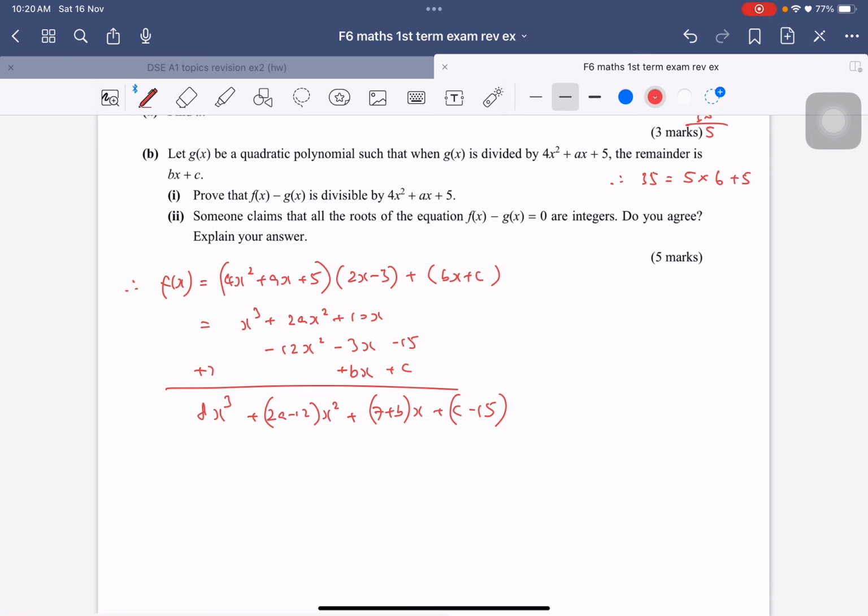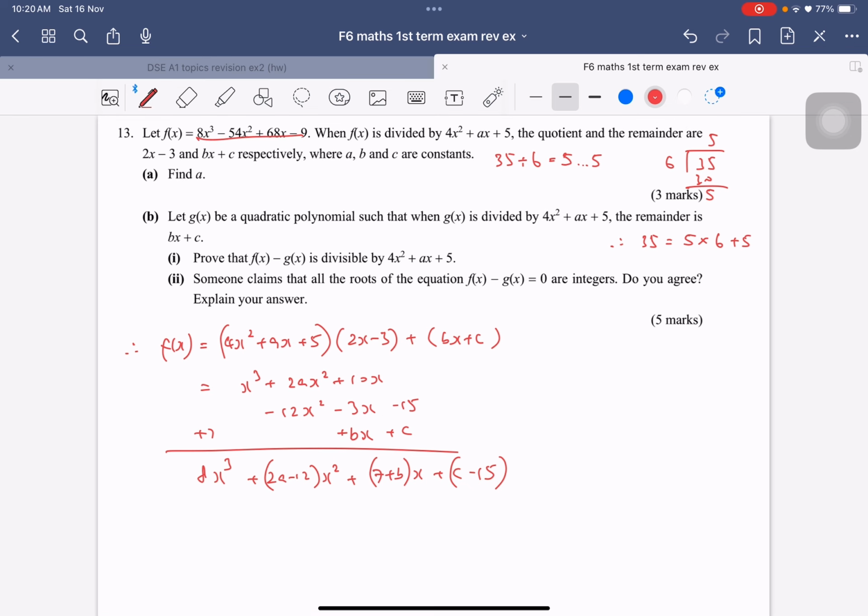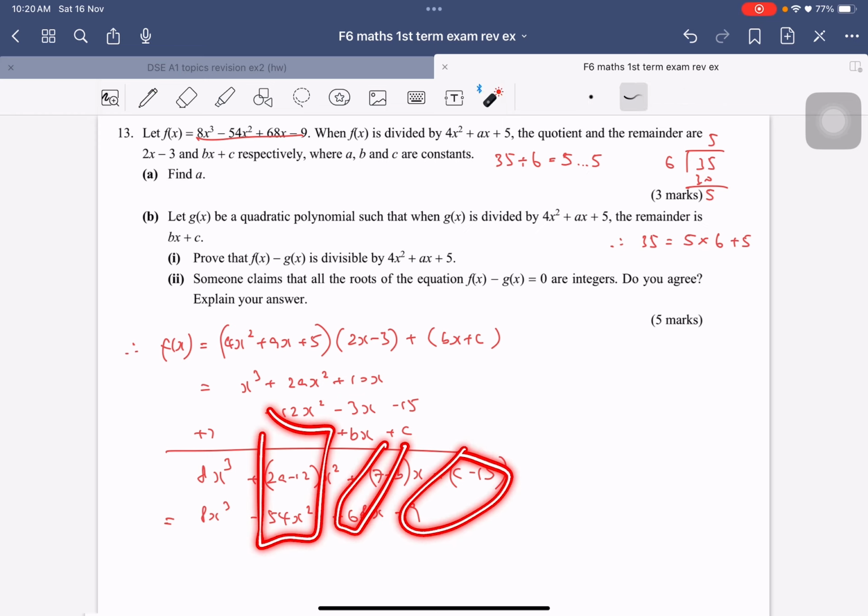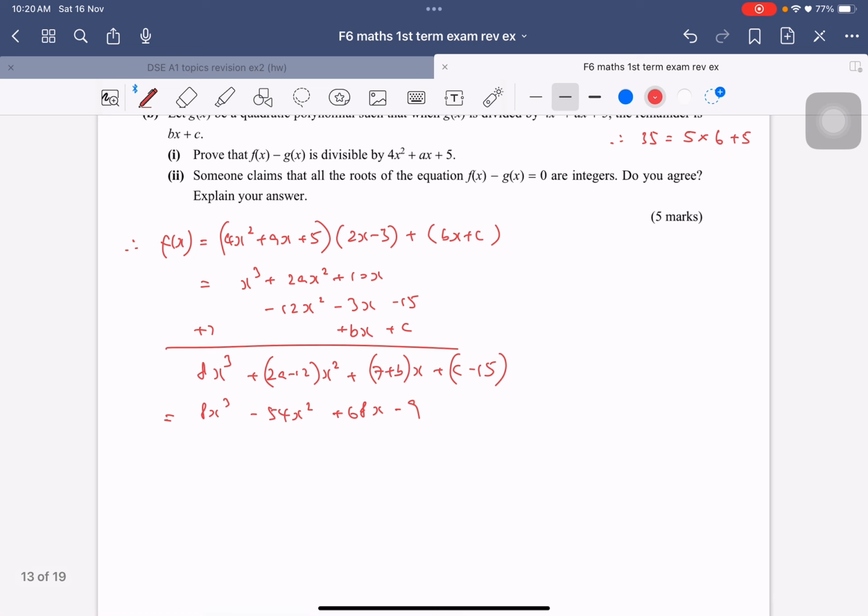Now we can compare to the coefficients of the original f(x), which is 8x cubed minus 54x squared plus 68x minus 9. These terms should be the same because we are using the method of comparing coefficients. So 2a minus 12 should be equal to negative 54.